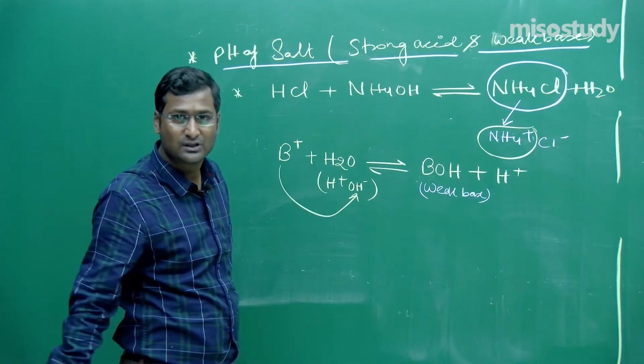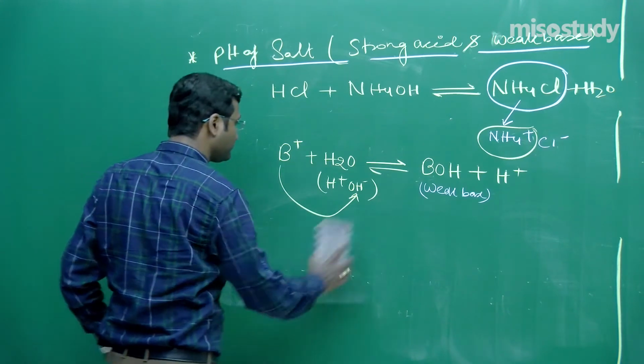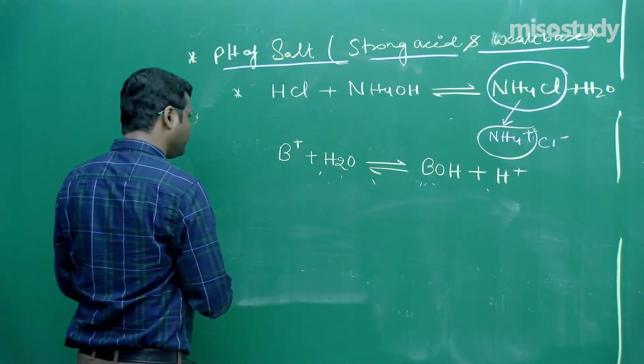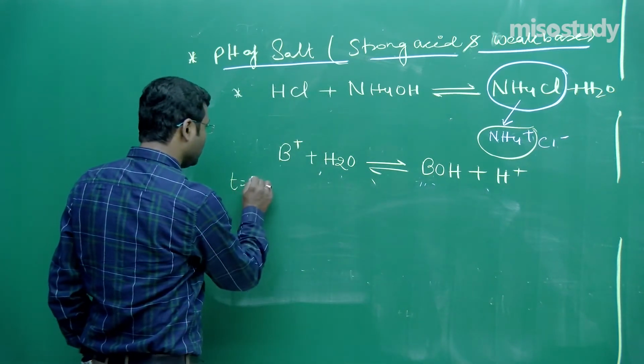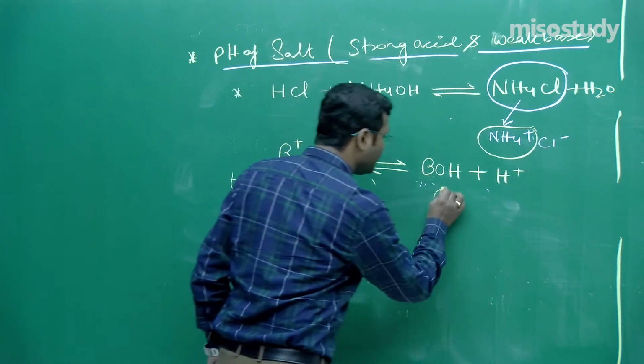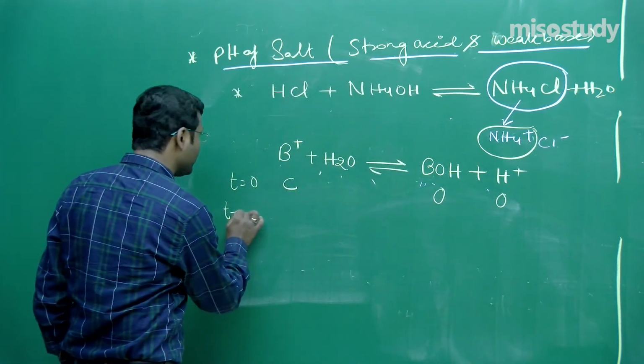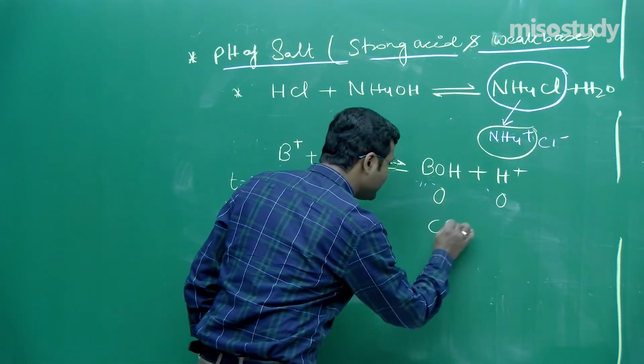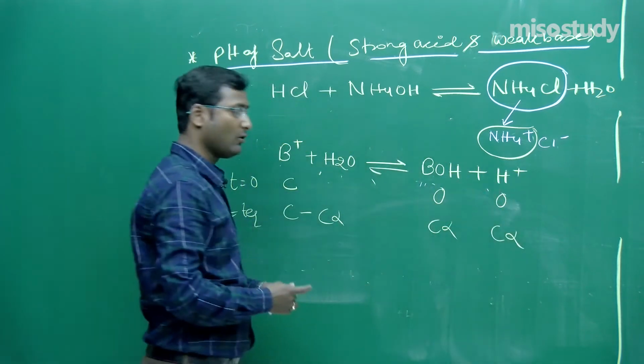Now here comes the derivation. When time t is equal to 0, the concentration is C, then 0 and 0. At equilibrium, it is C minus C alpha, and C alpha, and C alpha.